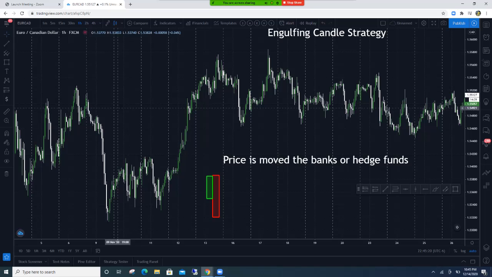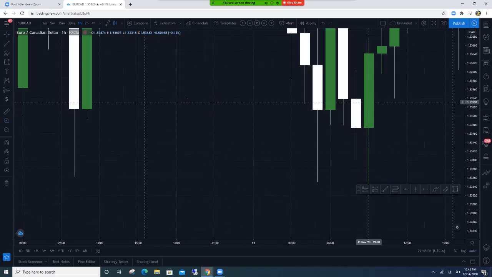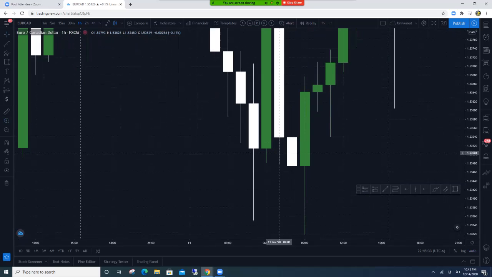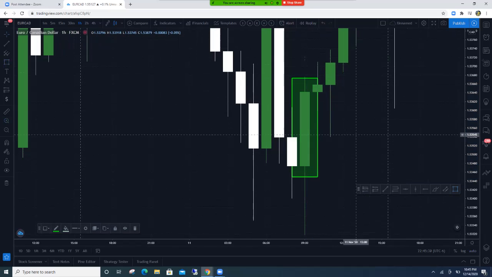For example, an easy one to spot would be this one here. If I zoom in, you would see that this candle is an engulfing candle. It engulfs this white candle and continues in the upward direction. See how the bodies are very different?